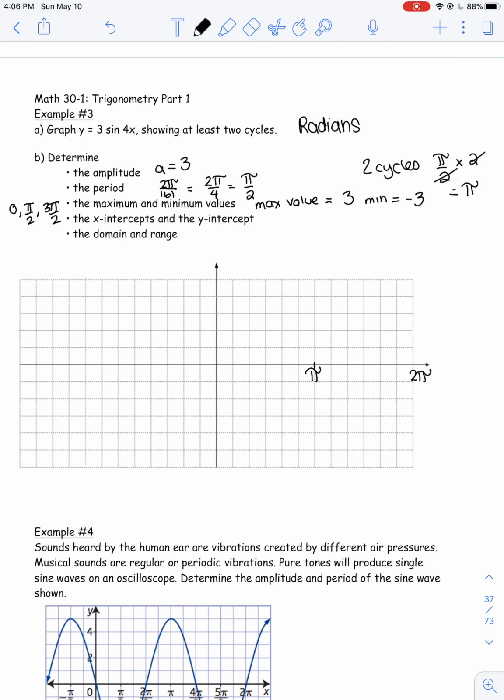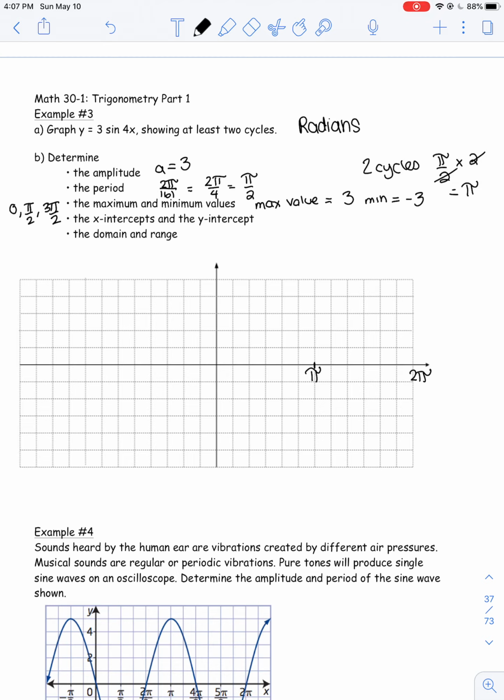You want your window going from 0 to slightly higher than pi so you don't cut it off. So I'm going to go from negative pi to 2 pi just to stretch it out and see more of it. But when I draw it, it says to draw at least 2 cycles, so you could continue if you really wanted to.